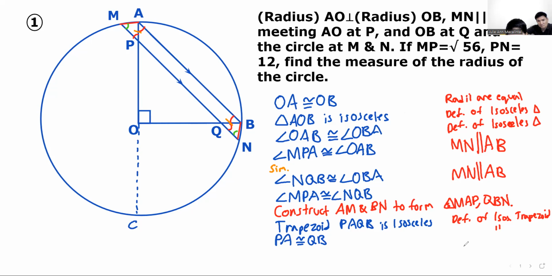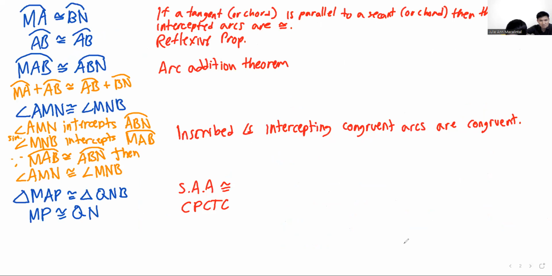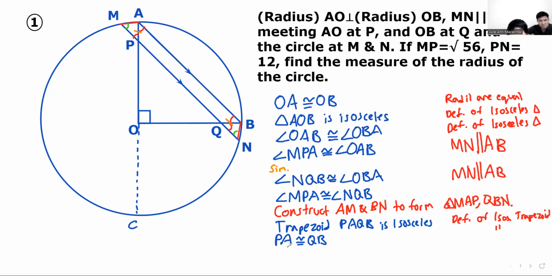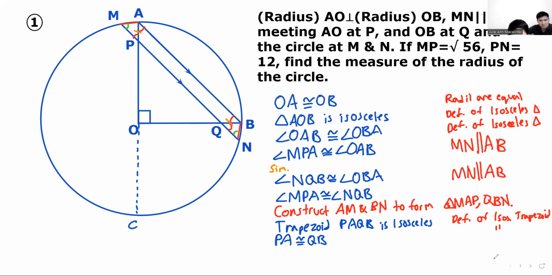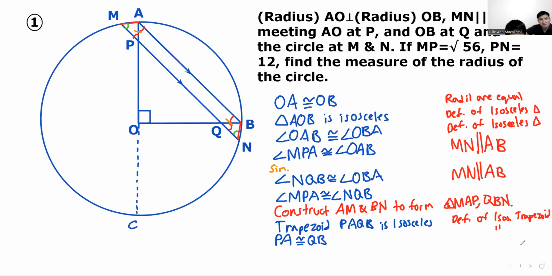So MP is square root of 56, and PN is 12. Let OP be equal to a.